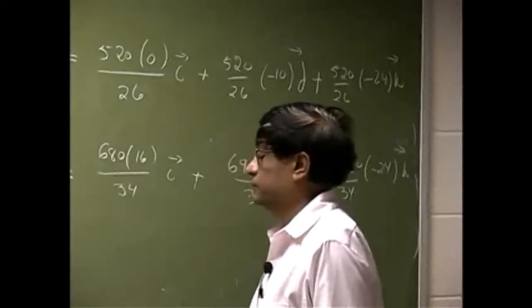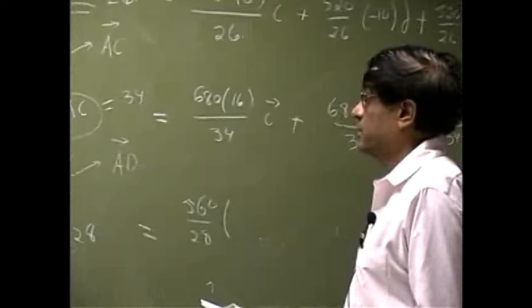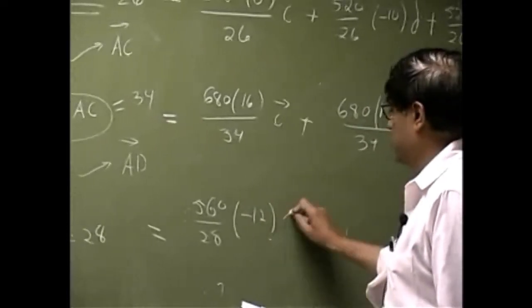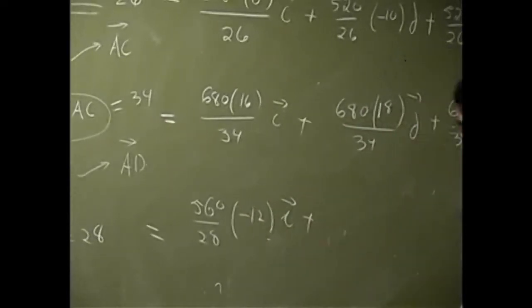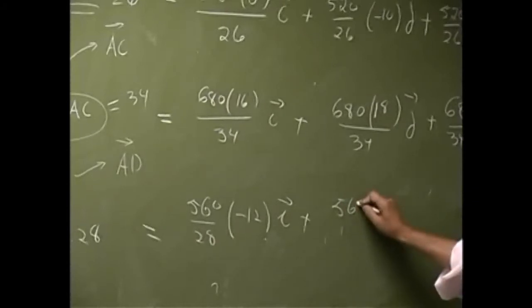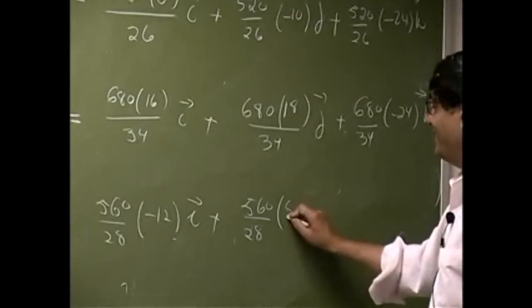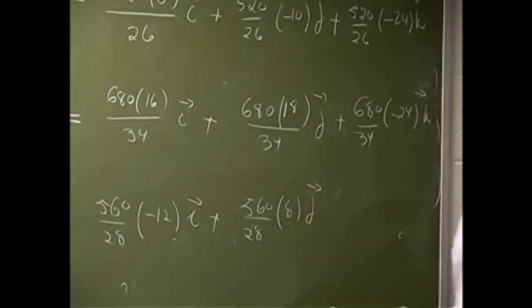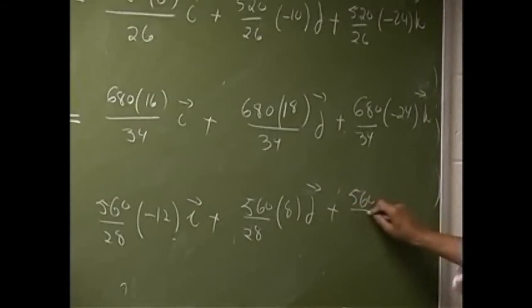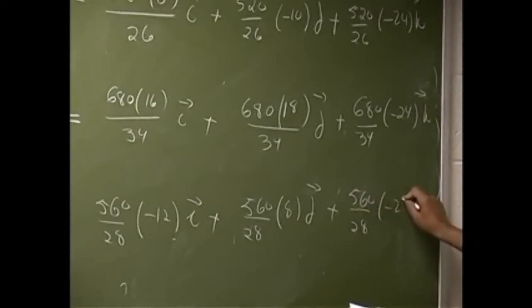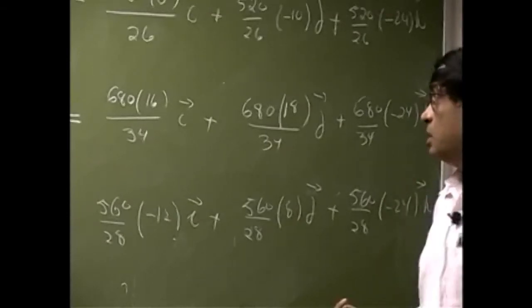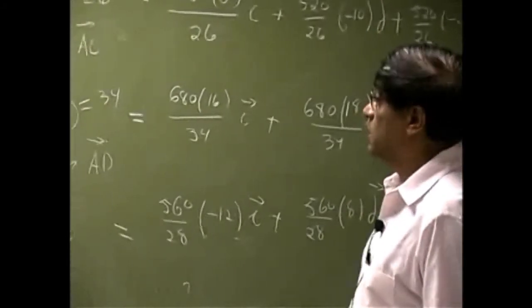Then we got a third one. Now you're going to have 560 divided by 28 times negative 12 times i. Then we got 560 divided by 28, and then you have 8 times j, plus 560 divided by 28 times 24 times k. Just plain math on all these forces.